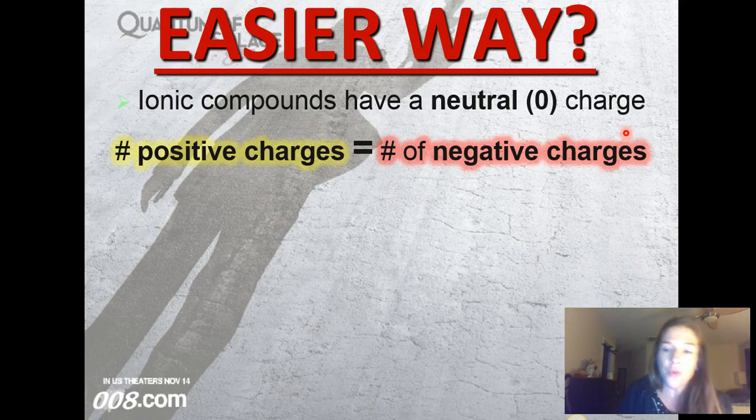Okay, so once these compounds are formed, they do not have a charge. It is neutral. The compounds, okay? So that means with neutral, your number of positive charges has to equal out your number of negative charges. So that's in order to get a neutral compound.